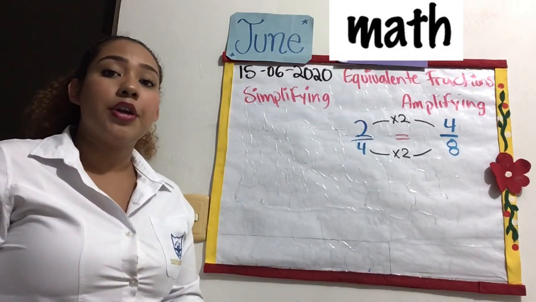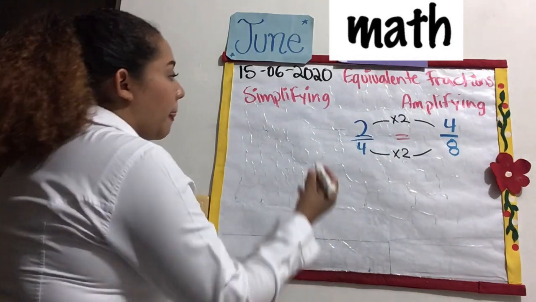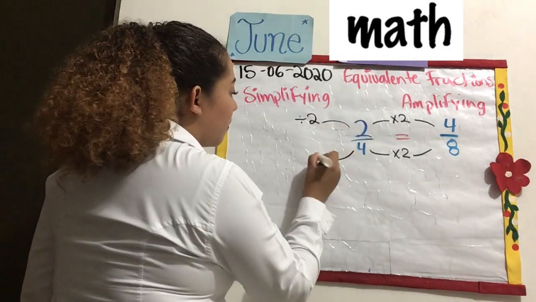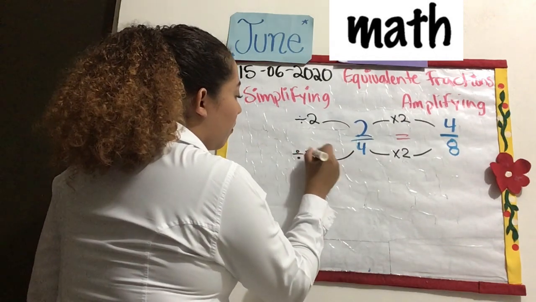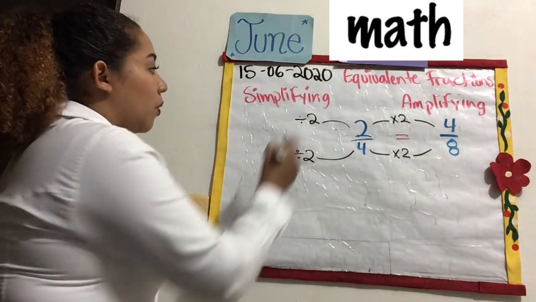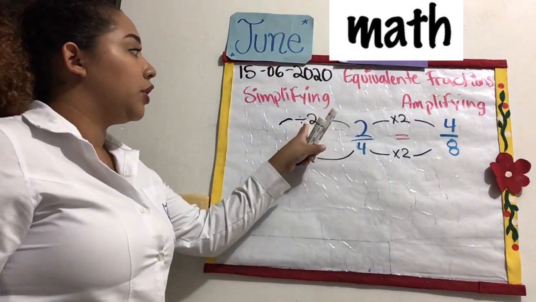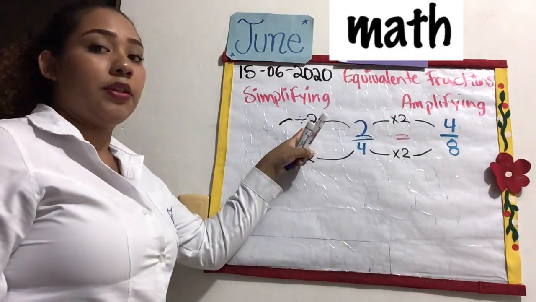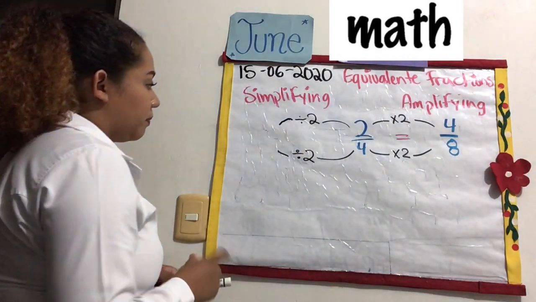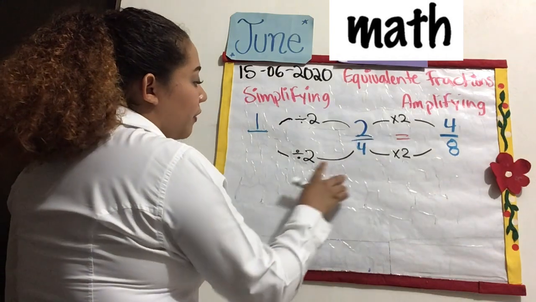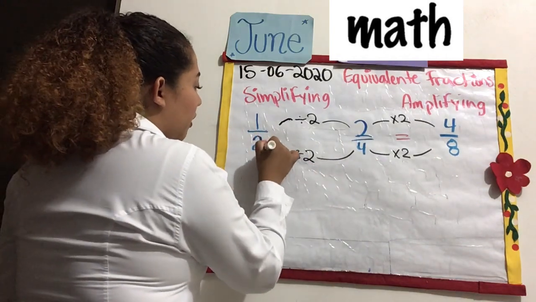So 2 divided by 2 will be 1, and 4 divided by 2 will be 2.